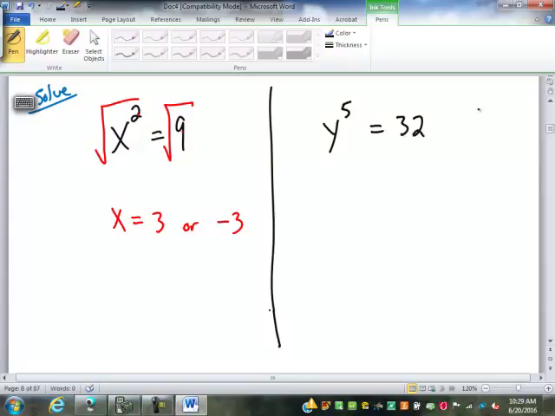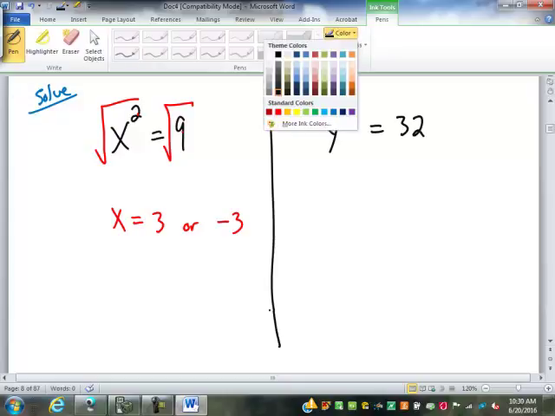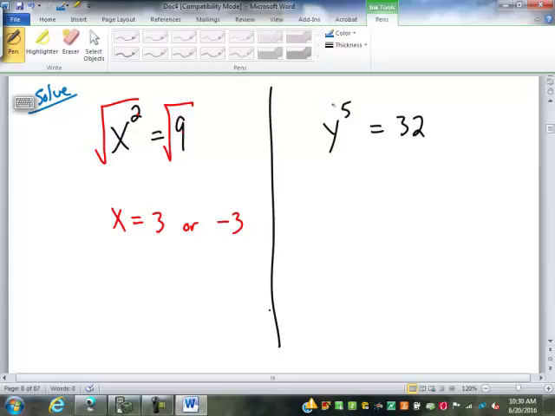If I give you y to the power of 5 equals 32, take the fifth root, of course.